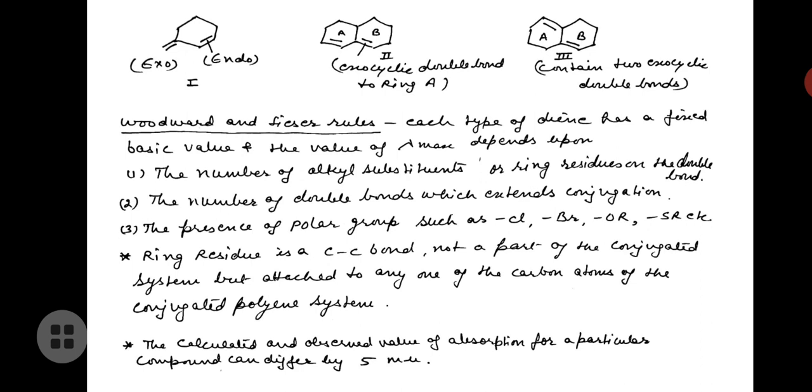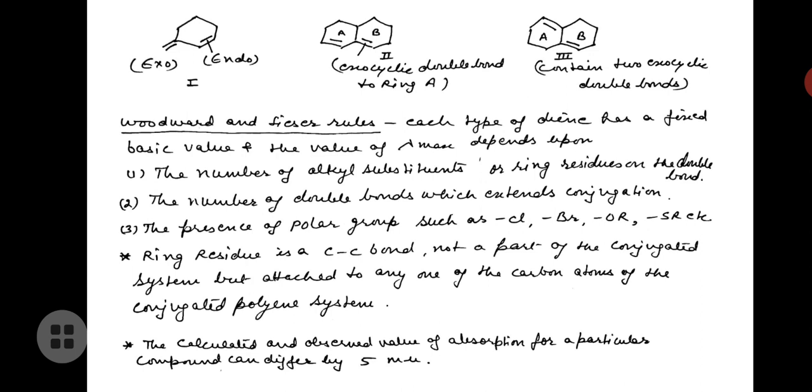Now there is a ring, and outside the ring there is a double bond present of the conjugated system, and this is known as exocyclic double bond. And there is one endocyclic double bond which is present inside the ring. See the second example.